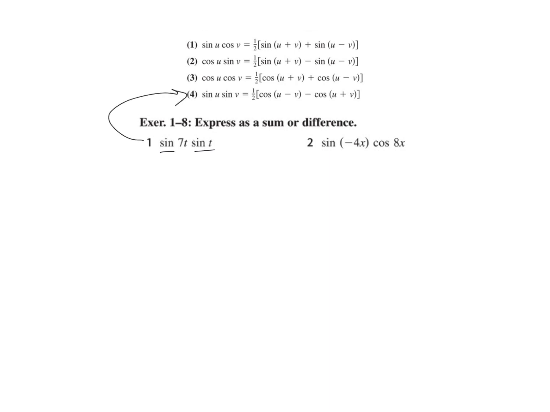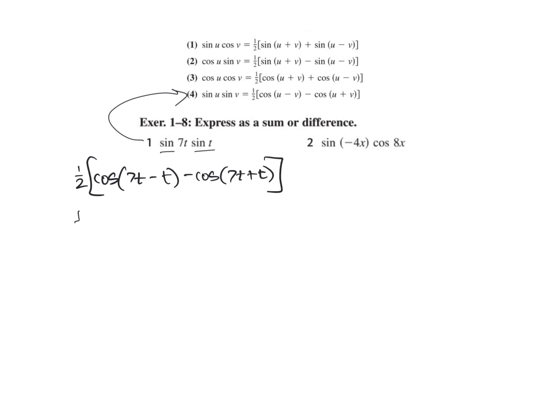All right, so all we do is we start out by saying 1/2, and then it is the cosine of 7t minus t, and that's minus the cosine of 7t plus t.